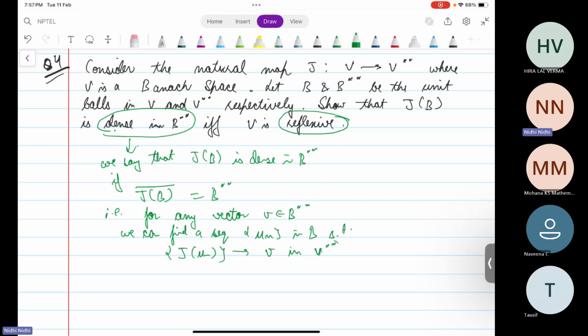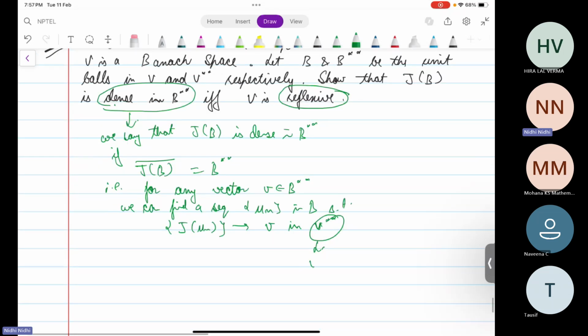V star star is basically the dual of the dual space. So if V is an element in V star star, that means V is a functional defined on V star to R.